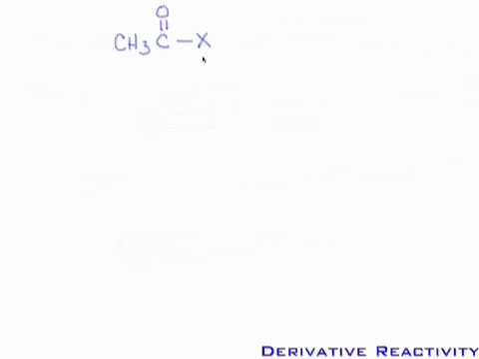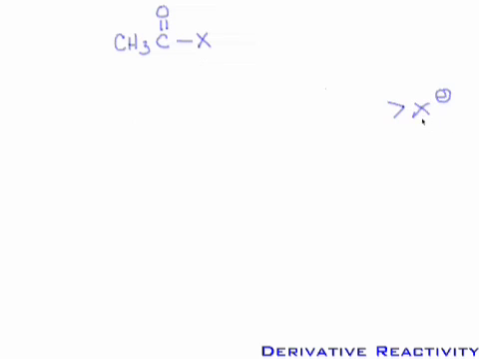Now, the ease with which the group leaves determines the relative reactivity. If we examine the possible leaving groups, X minus, a halogen, is a weaker base than the carboxylates. So X minus is a better leaving group and hence more reactive.